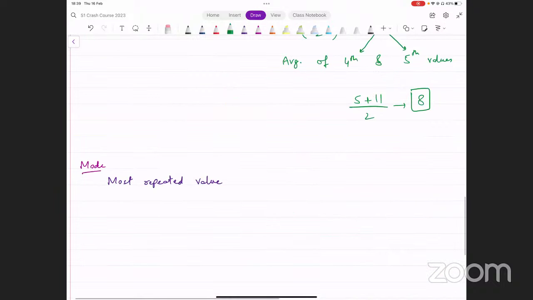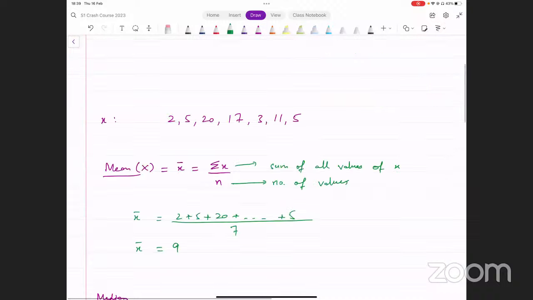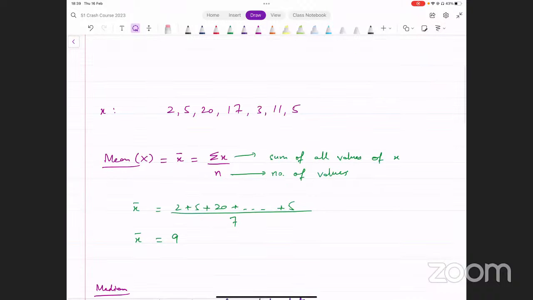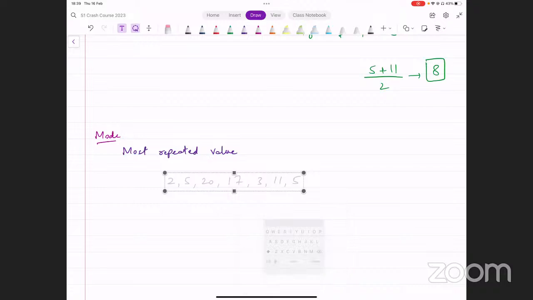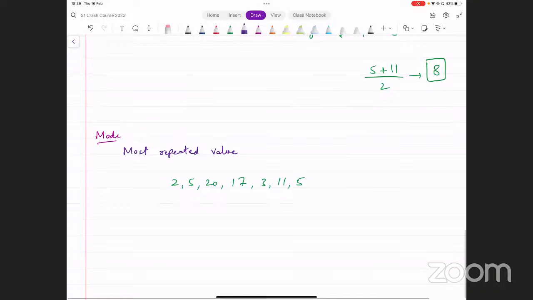Now in this case, you don't need everything to be in order. It could be in random order as well, and that works because you're only looking for the most repeated value. Let me copy the data here. Let's say this was the original data that we had. Now in this case, you just see which number is repeated the most. So in this case, mode therefore is equal to 5.